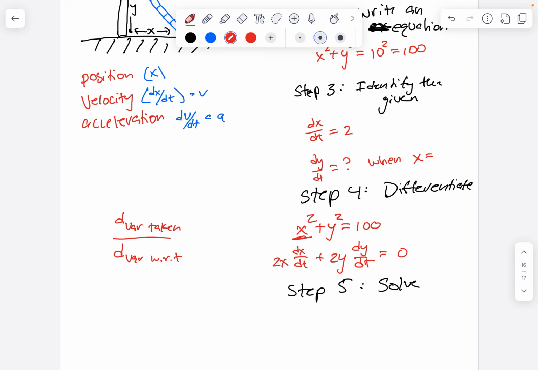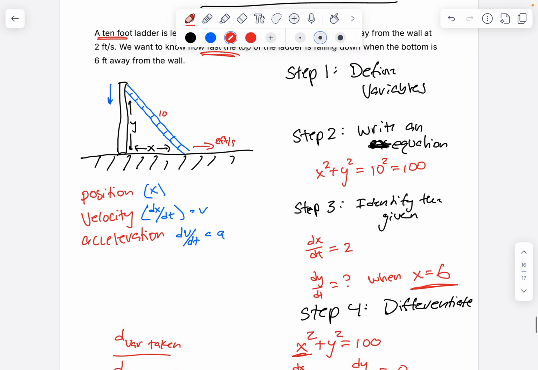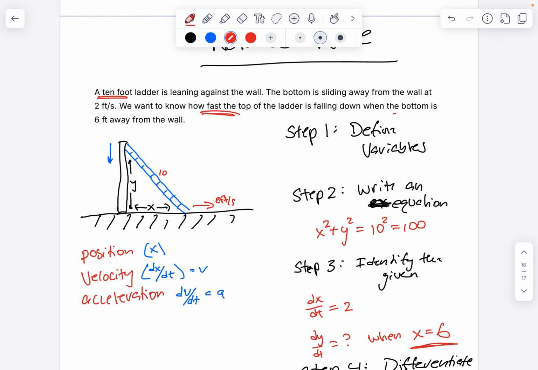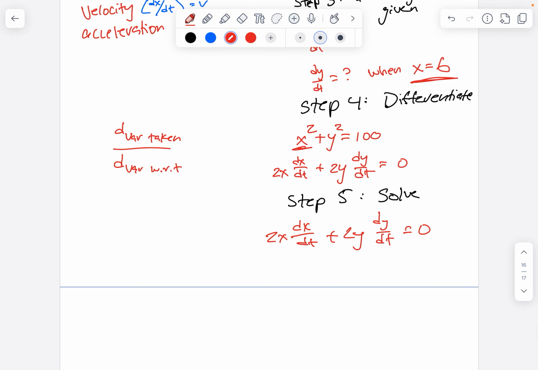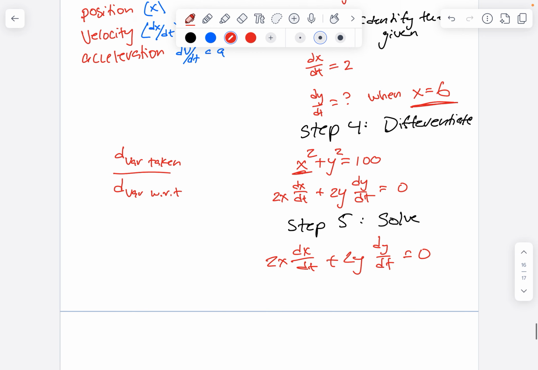All right, so now that we have the equation, 2x dx/dt plus 2y dy/dt is equal to 0, we plug in our x because we know that x is equal to 6 here, right? Yeah, we want to know when the bottom is 6 feet away. So let's plug in 6.